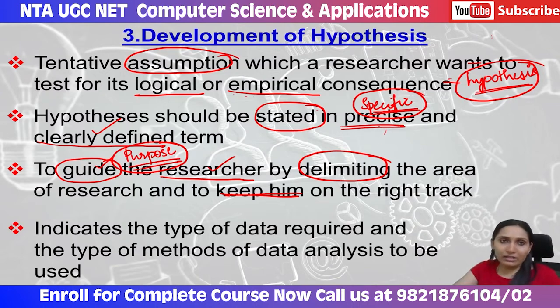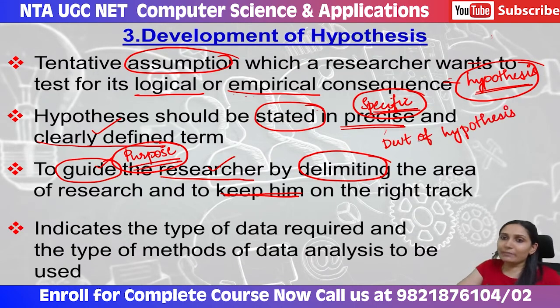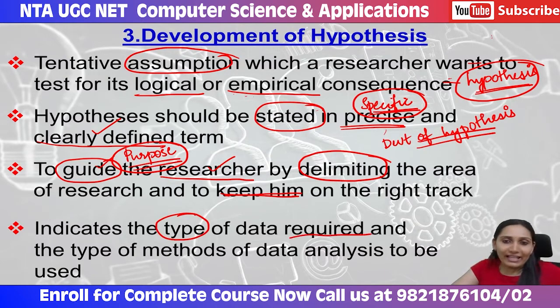So development of the hypothesis, that is the assumption, will help the researcher to keep on the right track while doing the research, and also delimiting the area of research, that is limiting the area of research. And development of hypothesis indicates the type of data required and the type of methods of data analysis to be used.